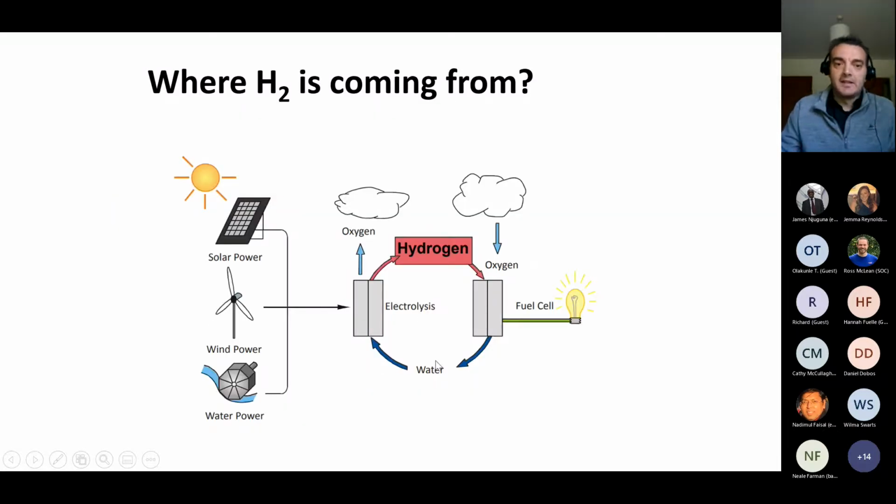I put in there certain aspects of hydrogen production. We can have production from solar power, wind power, water power, and I also mention there a fuel cell. This is the first time I mention that concept, a fuel cell.